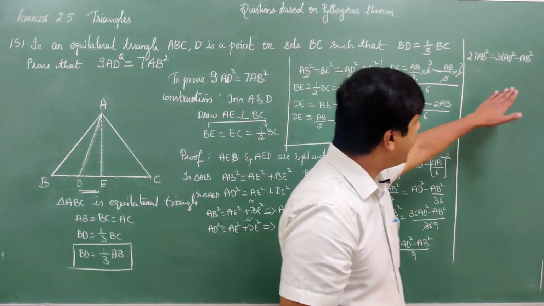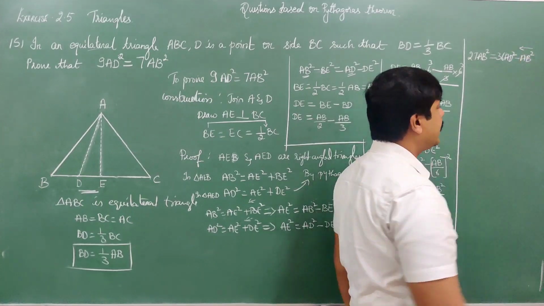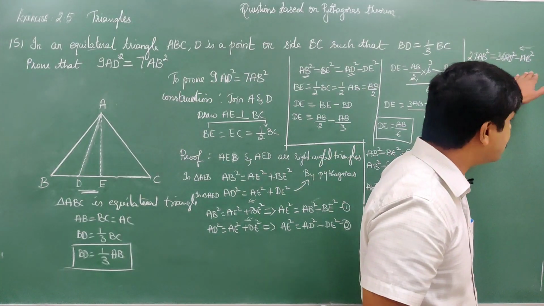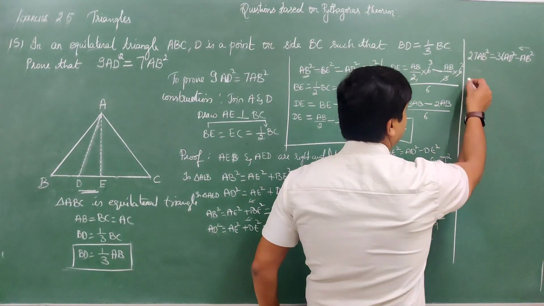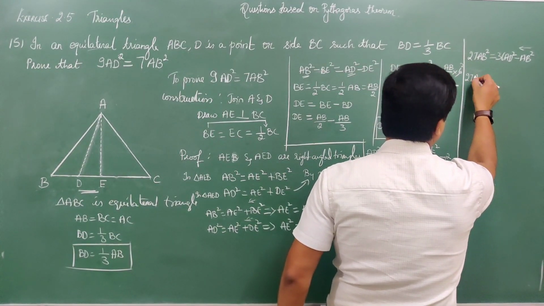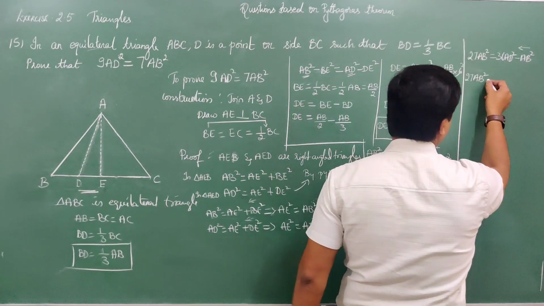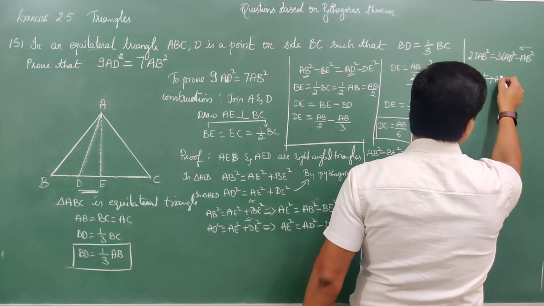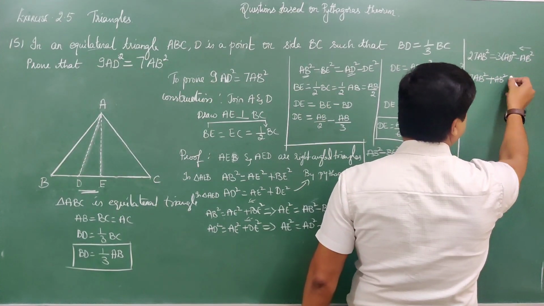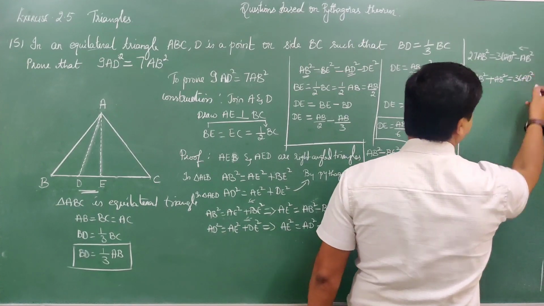Okay, now this minus AB square you transfer from right hand side to left hand side, and minus becomes plus after transformation, that is 27 AB square plus AB square is equal to 36 AD square.